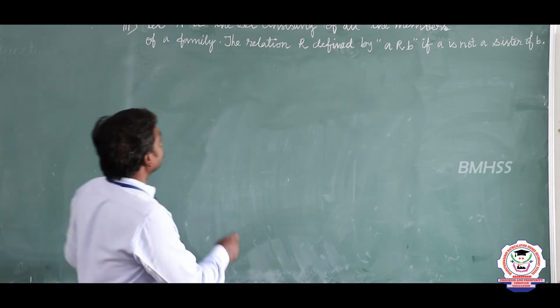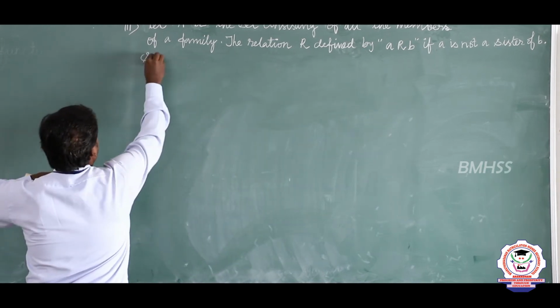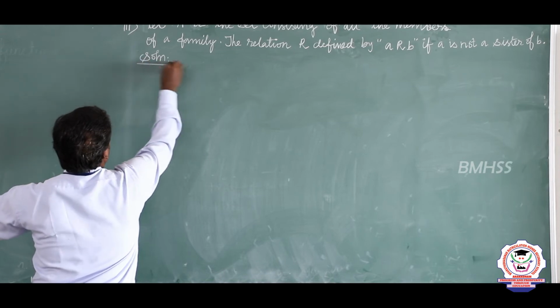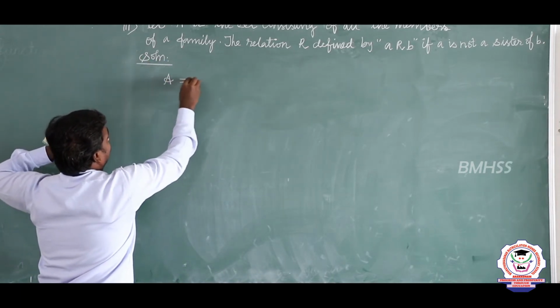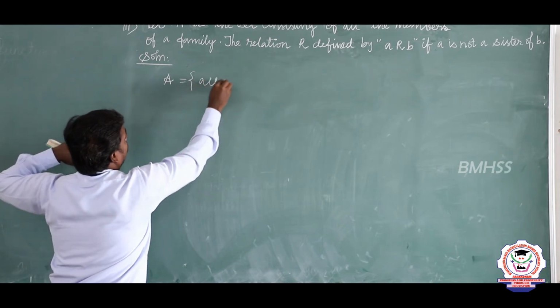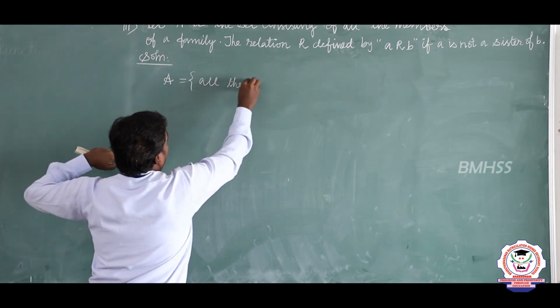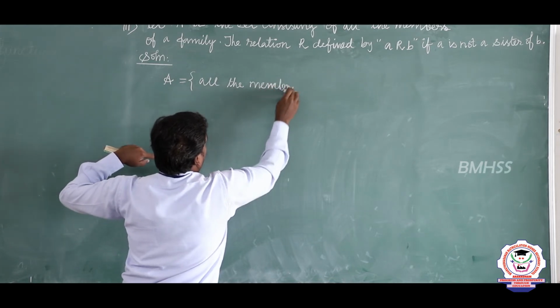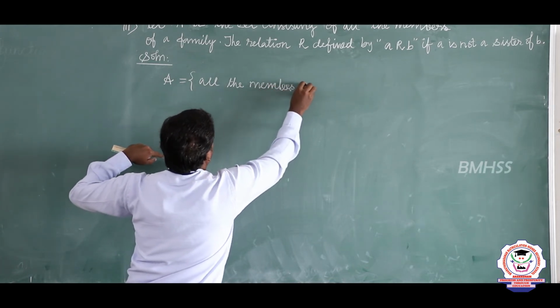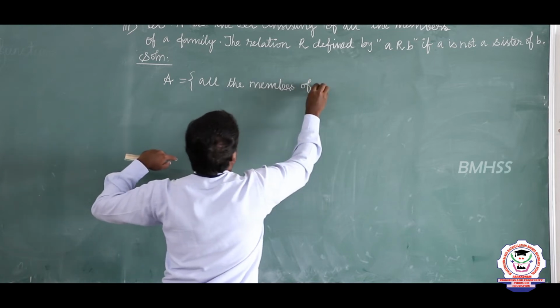From this, in the solution, first, what is the set A? Set A equals all the members of the family.